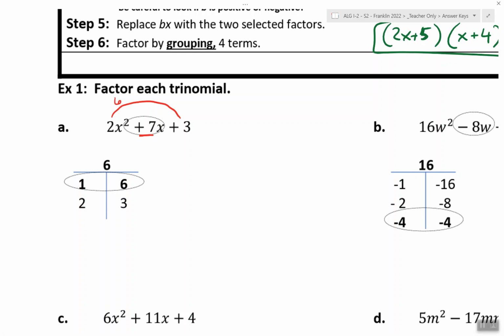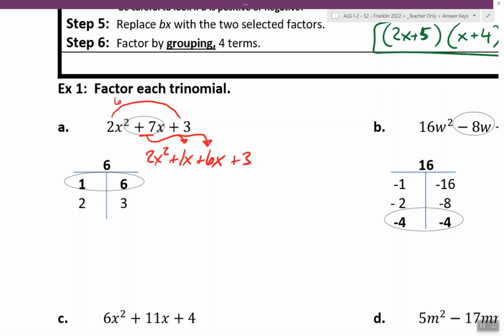So we're going to split that middle term. We'll have 2x squared plus 1x plus 6x plus 3. So we've split the 7x into 1x and 6x. We undid that combining like term step, and now we can factor by grouping.